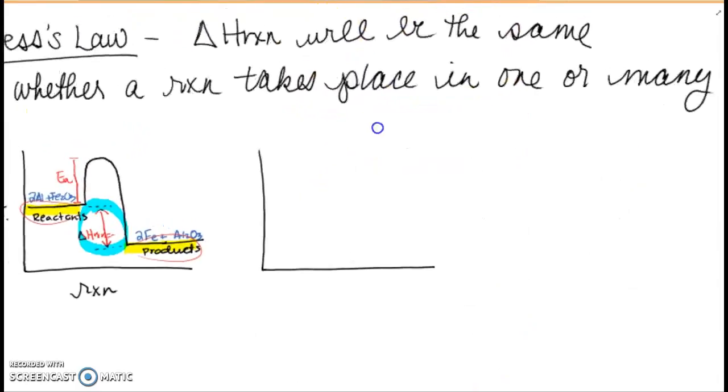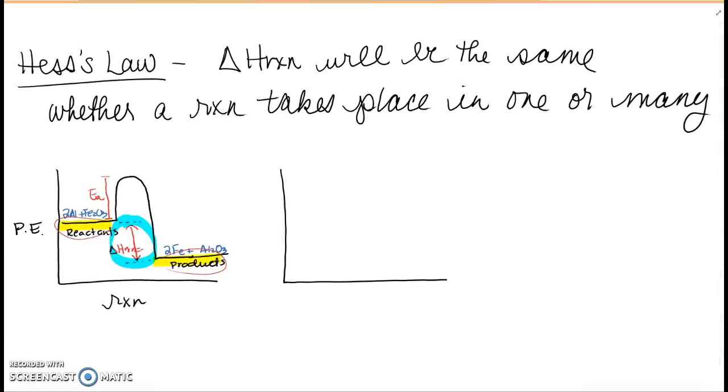How that would play a role on this reaction curve is my reactants would start at the same amount of potential energy. But maybe there was a first step, and then maybe there was another step, and then I hit the product.